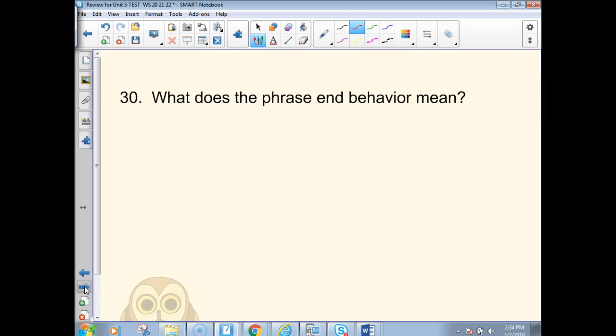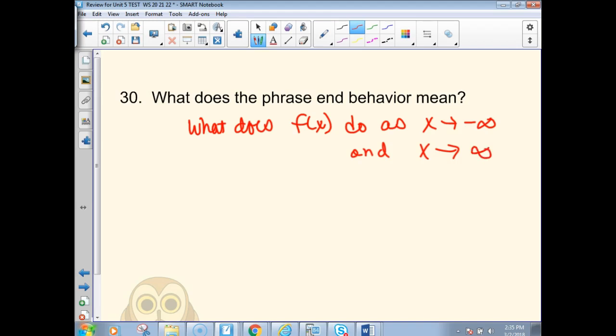What does the phrase end behavior mean? It means, what does f of x do as x approaches negative infinity and as x approaches infinity?